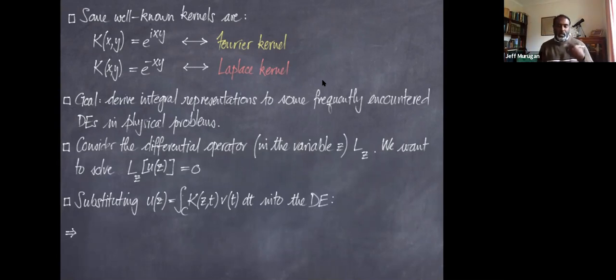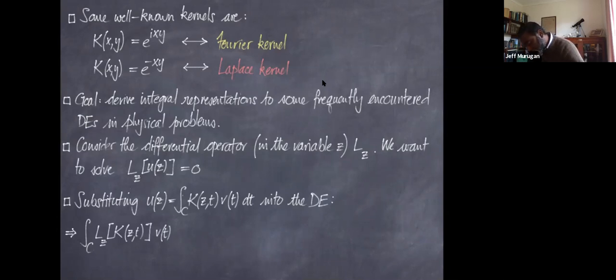Notice that L is an operator on z, and the only thing that has any z dependence in this ansatz for u is the kernel K of z, t. So L is only going to act on that. So I can take it into the integral, which is an integral over t. L_z acts on the kernel K of z, t and not on v of t dt. And of course, L_z acting on 0 is 0.